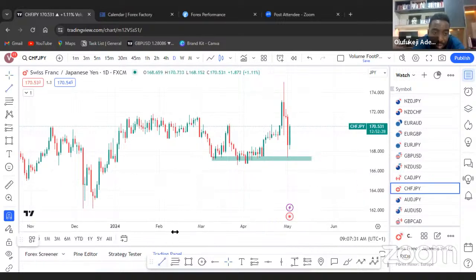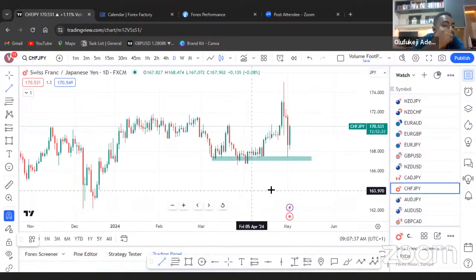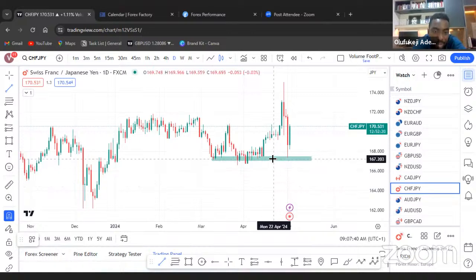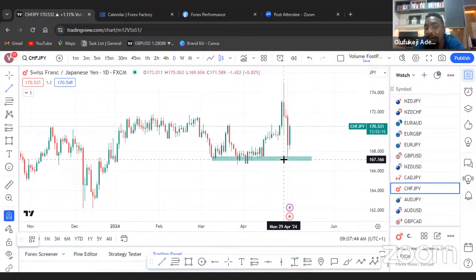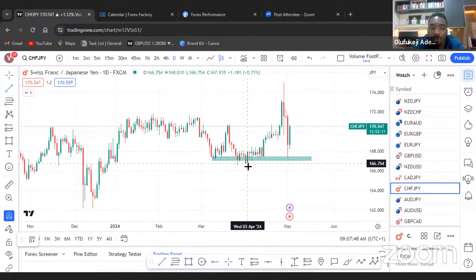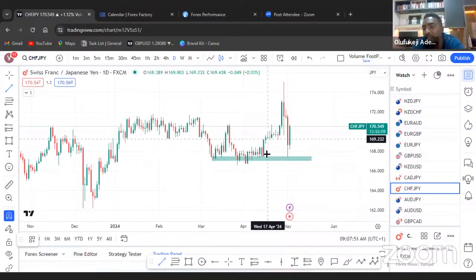right? So I was thinking that all these fundamentals would cause it to break below, but it didn't, to the downside. It tapped below, and then now it's going back all the way up. So based on this, let's look at it at the 4-hour.